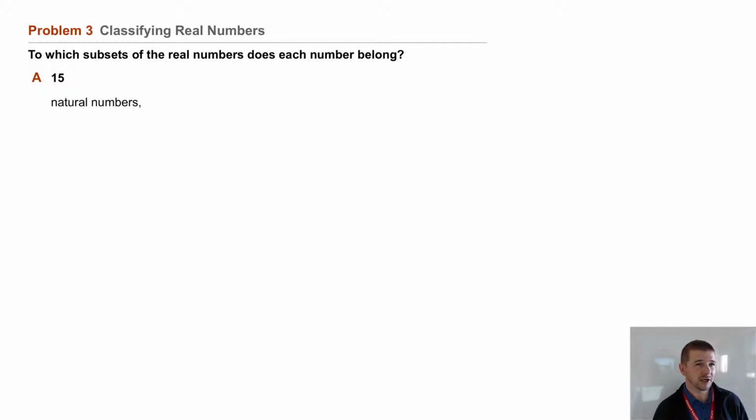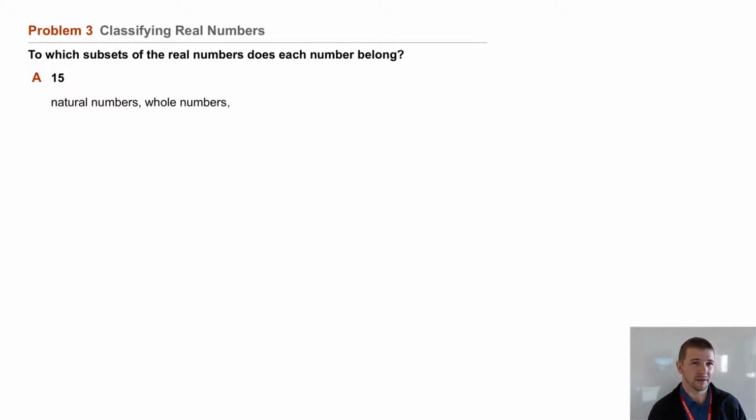Then we move to the next larger set, the whole numbers. Now, because it's a natural number, it's also going to be a whole number. The natural numbers are considered a subset of the whole numbers. That means that every single natural number is also a whole number. So because it's natural, we don't really even need to check anymore whether it's a whole number. We know that it's going to be because it's a natural number.